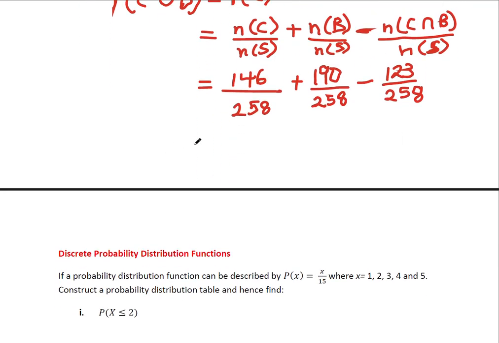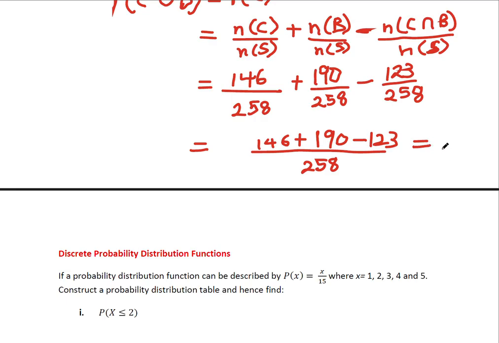Now let's simplify this problem. Because we have a common denominator here of 258, we can just write down that common denominator of 258 and simplify the numerator. Simplifying the numerator here, we'll get 146 plus 190, take away 123.